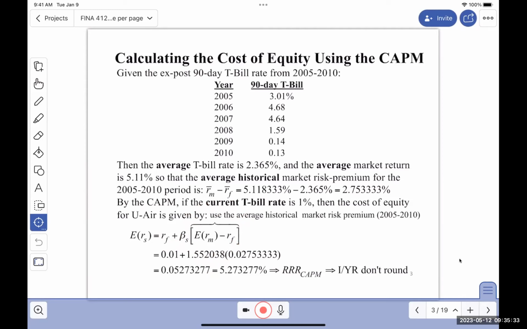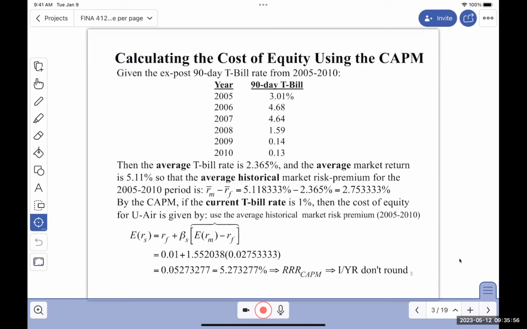How do you reflect on that number? 5.27. What do you think about that? What was UAIR's required rate of return? If you go back to the notes, what was it when we did UAIR? It was 10%. It's below that.